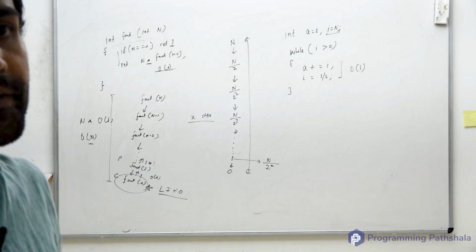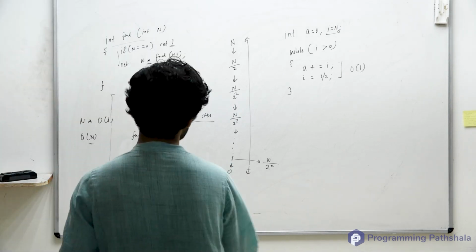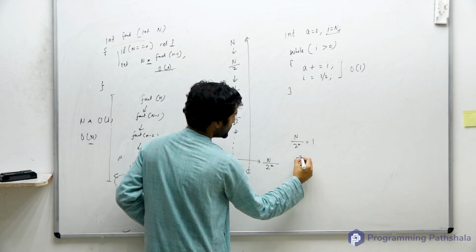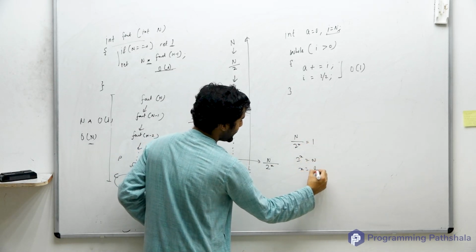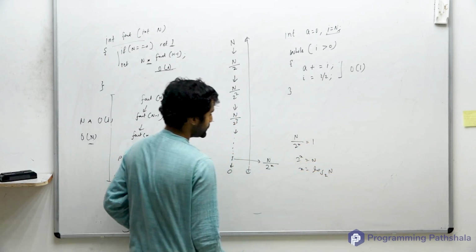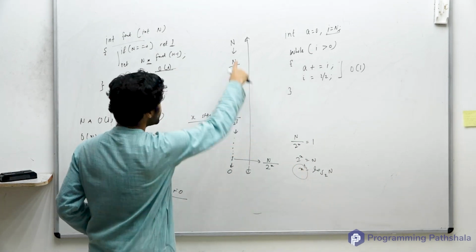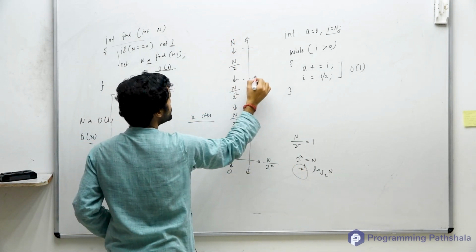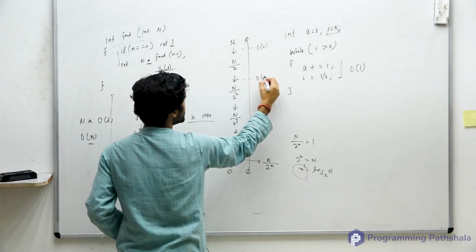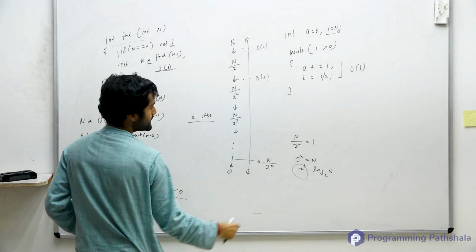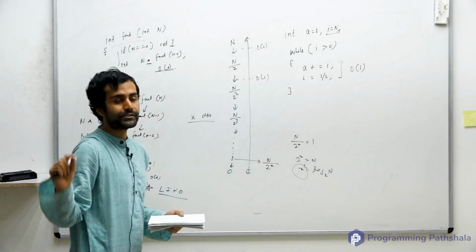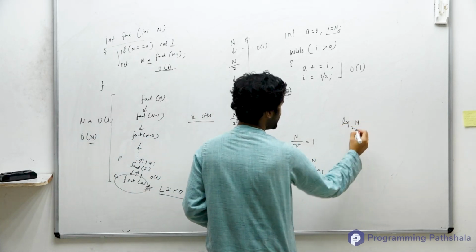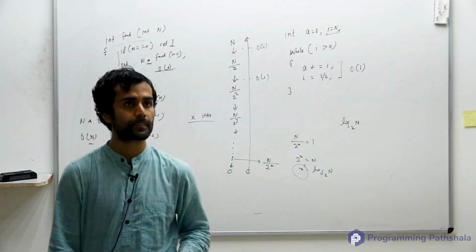Now if you equate n upon 2 raised to power x to 1, then the value of x that you will get will be log of n base 2. And what was this x? This x was the total number of steps, and in each step I was doing just order 1 work. So it will just be log of n base 2 time complexity.